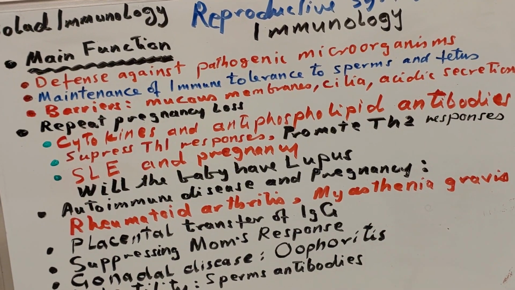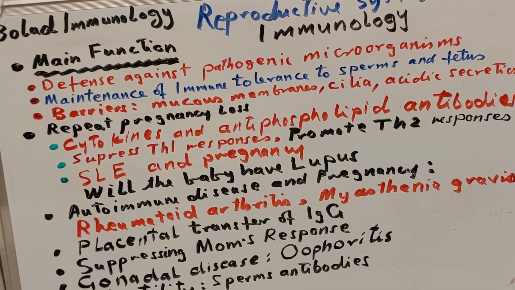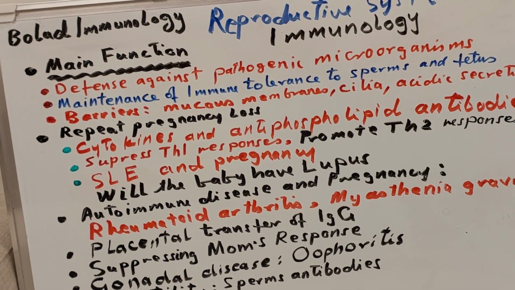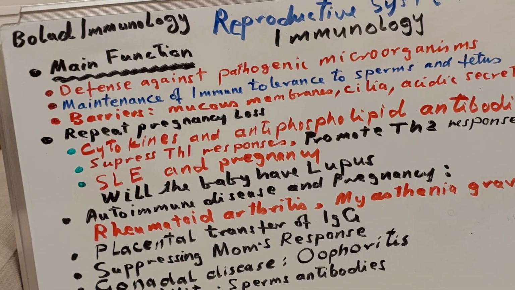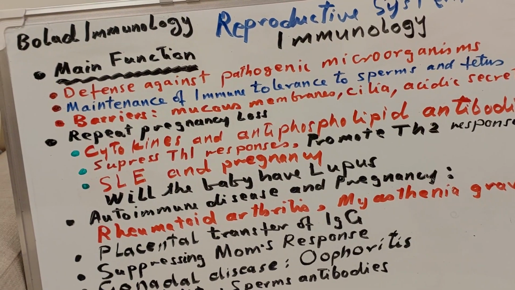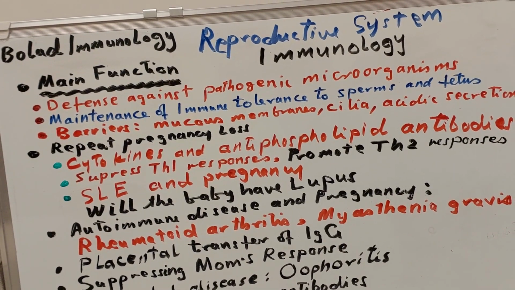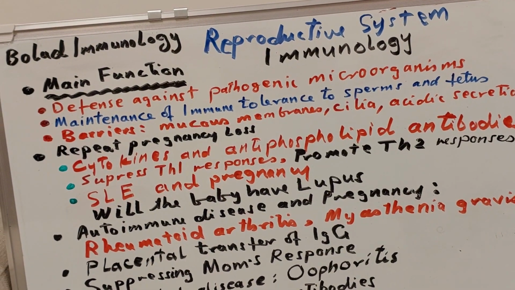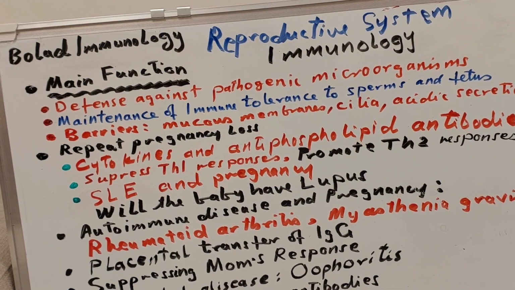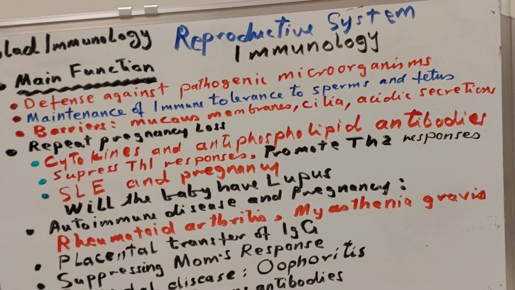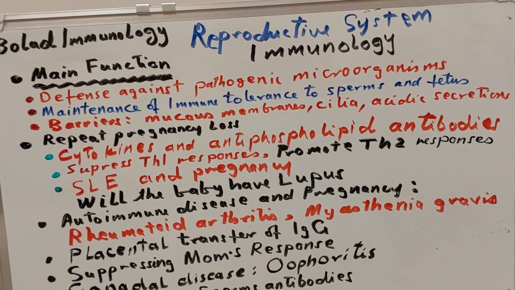So immunologically mediated loss of pregnancies results from impairment of blood supply to the pregnancy. And the stimuli that lead to this impairment of blood supply include cytokines and antiphospholipids.